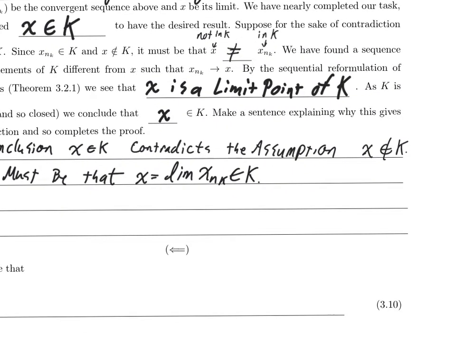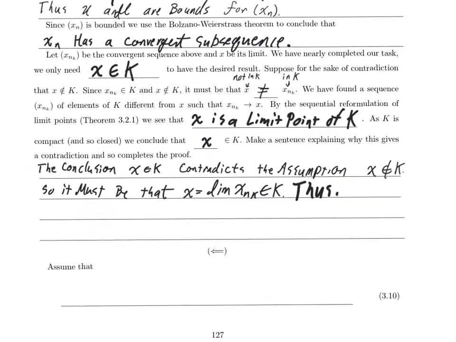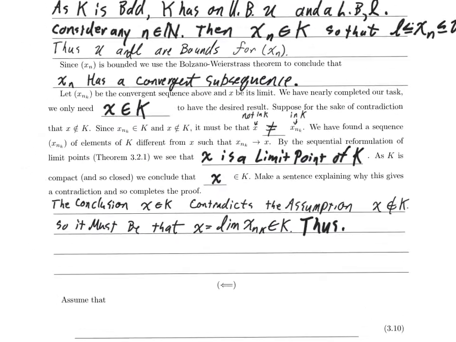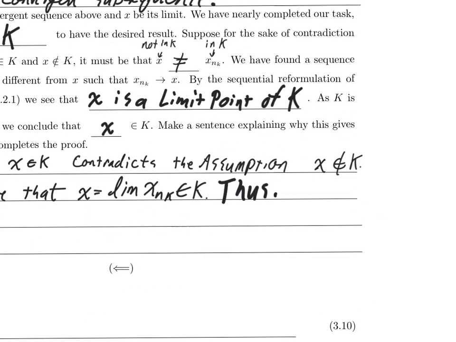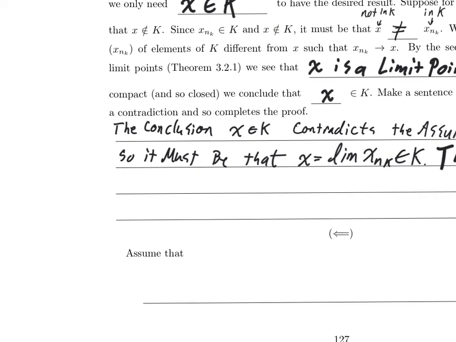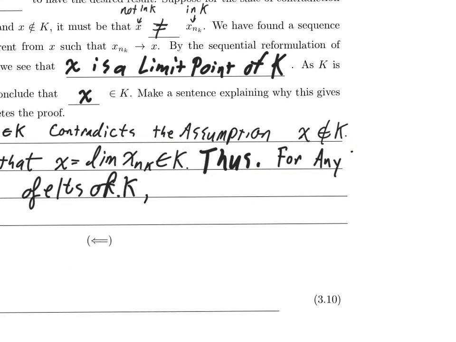Now let's just summarize what we've done. Thus, well, if you look early in the proof, we started by considering any sequence of elements of K. Thus, for any sequence x_n of elements of K, we produced a convergent subsequence.